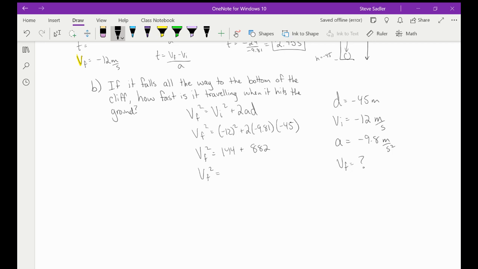And we get a V final squared of 1026. Be really careful here. We still have Vf squared. We're not done yet. We have to square root both sides, and that will give us a V final of 32 meters per second. So that's how fast the homework is traveling at the bottom.